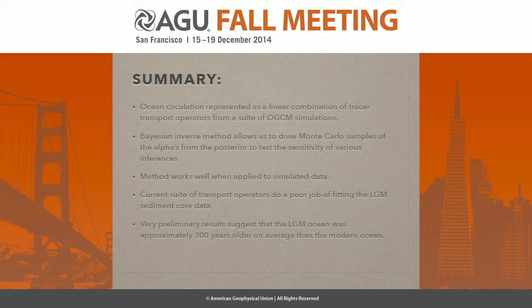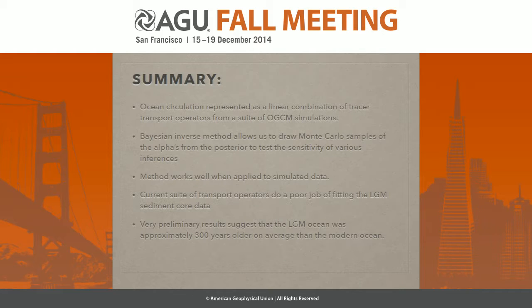So I haven't done this yet, but it is possible to do this. And you might find out that some things like the global average age may be very well estimated with a small number, but if you try to zoom down into particular regions of the ocean, then you'll find bigger or smaller error bars. So it's useful to be able to do this, to get the error bars.